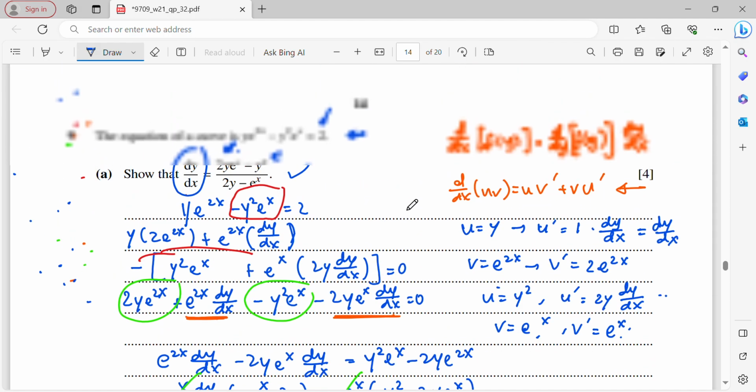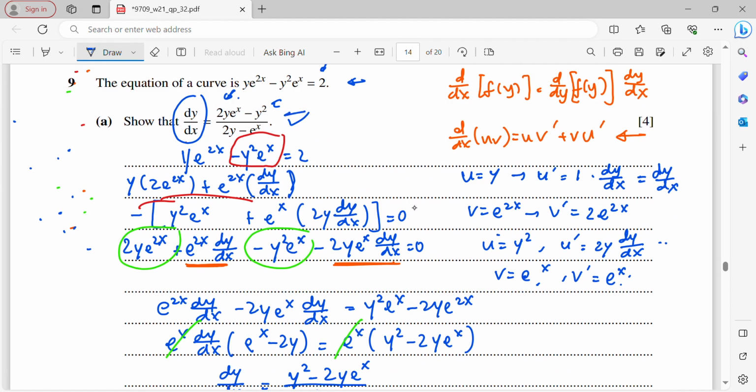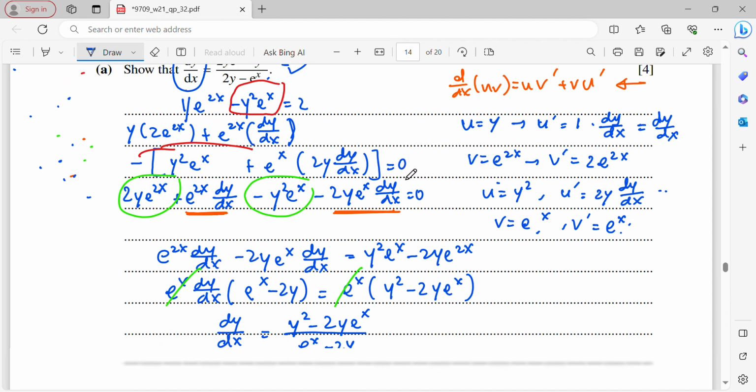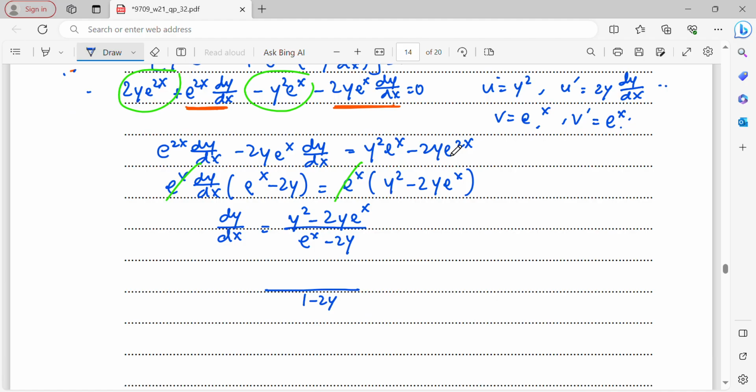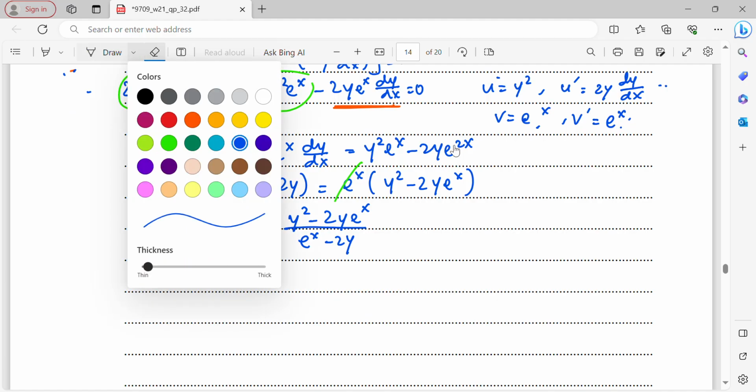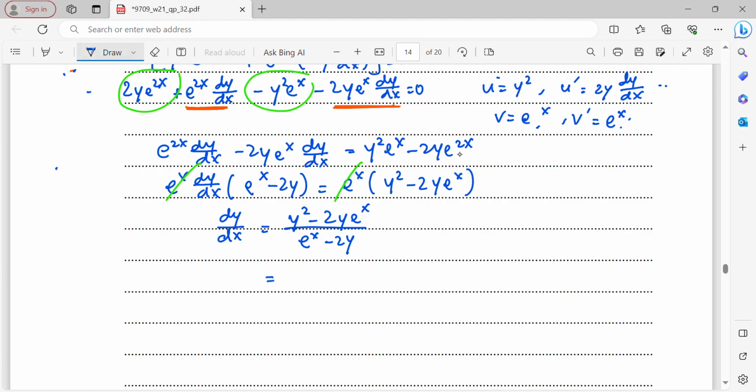But then when you compare with the answer, I should have minus y squared and minus e^x, right? So now my position is different. Okay, the sign is different, so I have to factorize minus from both numerator and denominator. So when I factorize minus, my second term, which is negative 2y e^x, becomes 2y e^x. Then the first term y squared becomes minus y squared.